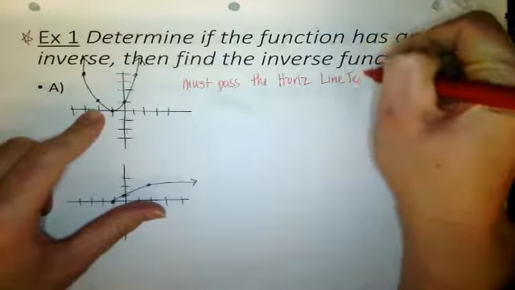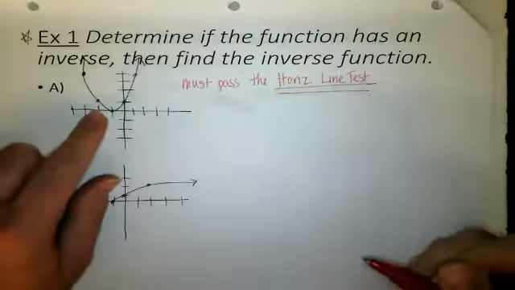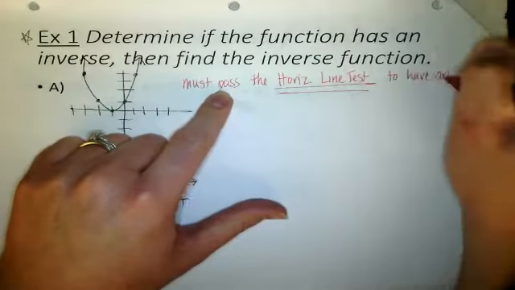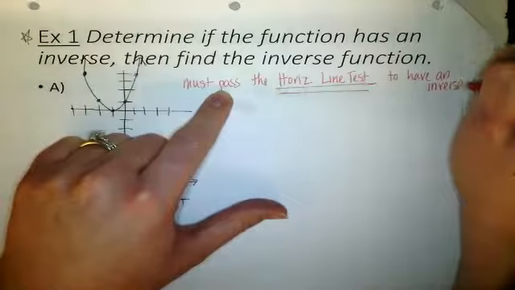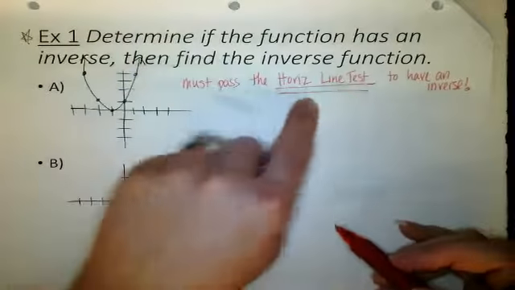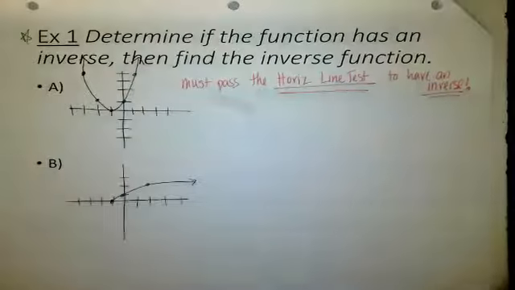Now we've talked about the vertical line test, but this is the horizontal line test to have an inverse. All right, so this is the rule. A function must pass the horizontal line test to have an inverse.